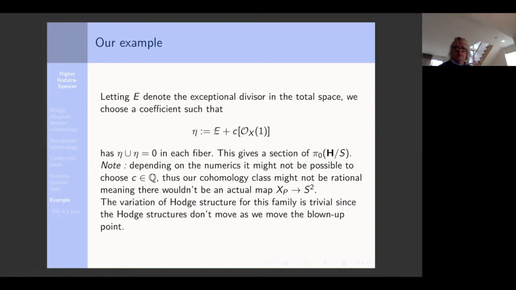I should have said the Chern class of this whole thing. So this C is a constant, not a Chern class, but you would also take the Chern class. So the Chern class is a class in H^{1,1}.